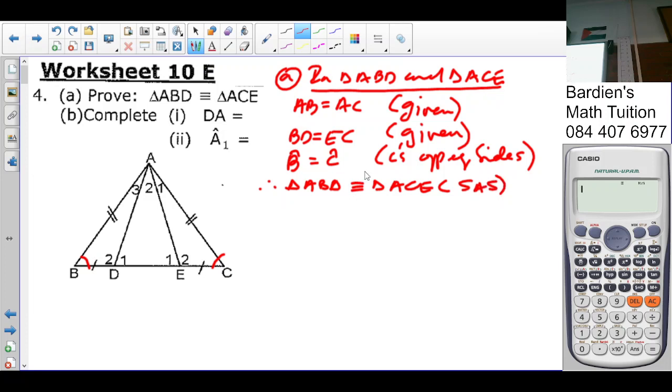Okay, which now means to say that AB is equal to AC. We knew that. BD is equal to CE, we knew that. And also AD is equal to AE. Can you see that? AD is equal to AE because of congruency.